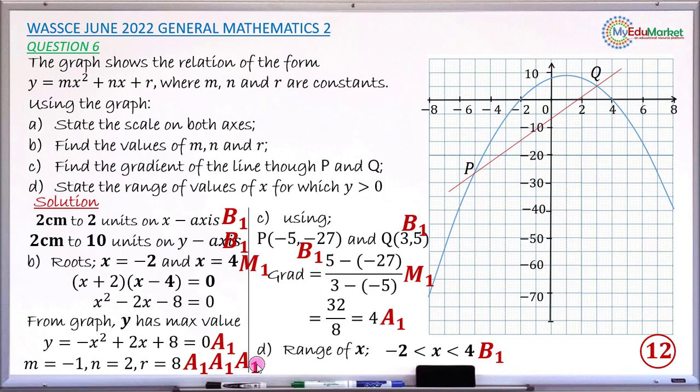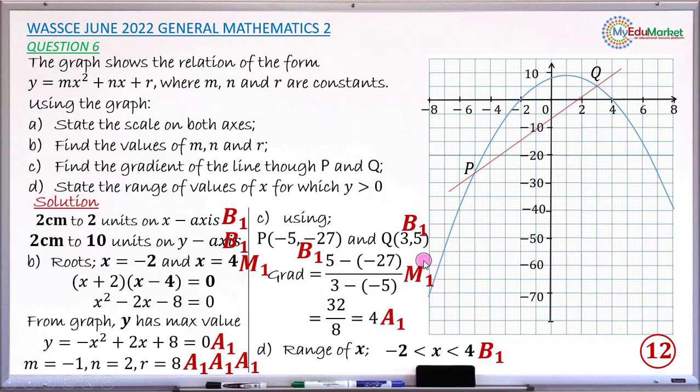If I move to question number C. Determine the coordinates of P and Q from this very graph. That is the coordinate of Q as 3, 5 and the coordinate of P as minus 5, minus 27. For each of those, you have a bonus 1 mark. And when you now substitute the coordinates in the formula for finding the gradient, you have this method 1 mark.